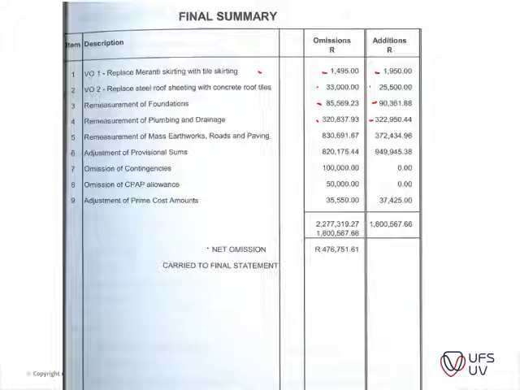Okay, and then this is then added up and the difference is shown here, and then you get the actual omission that was carried forward to the final summary that we just showed in the previous slide. Okay, so it's very straightforward, just your summary of additions and omissions. Just note all of these items are VAT exclusive. That's why VAT is subtracted and then added later on.